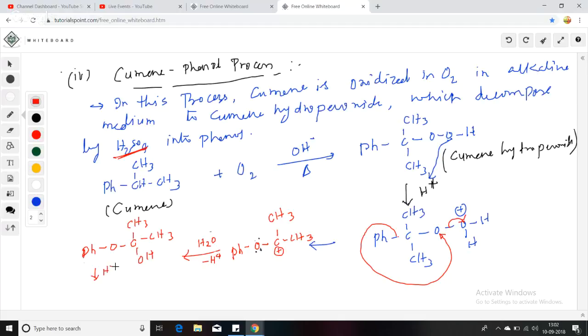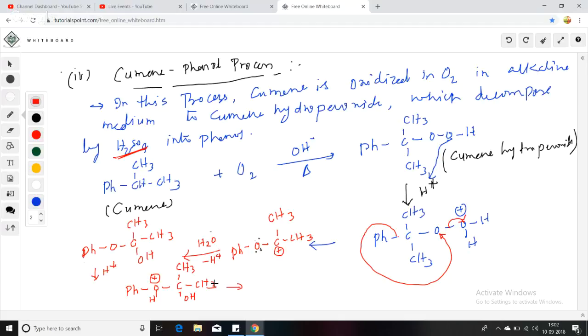Now we have acid H plus. This H plus comes over here, and we get PhO C CH3 CH3 OH here, and here we have H with a positive charge on this oxygen atom.